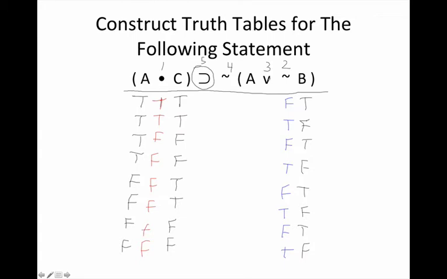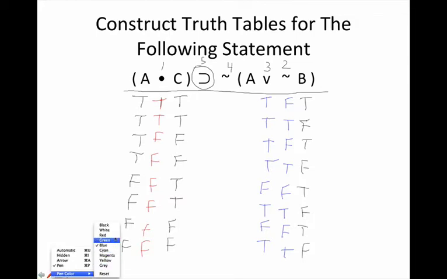Disjunction is going to be all of A's values, disjunction tilde, right? So true, true, true, true, false, true, false, true. And now I'm going to take the values of the disjunction and reject them.